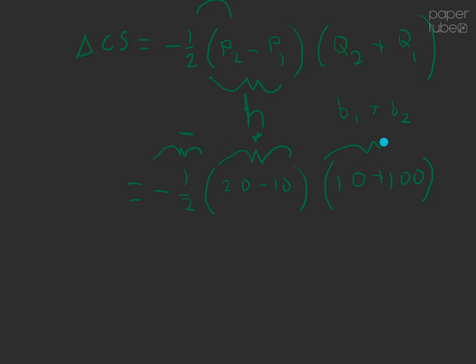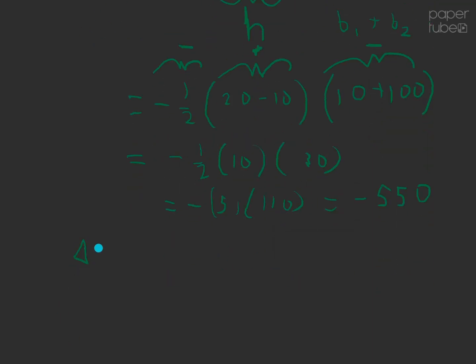Now, of course, 10 plus 100 is going to be positive. And that's important to remember because we're going to end up with a negative number because we're multiplying a negative times a positive. So this becomes negative 1/2 times 10. Multiply that by 110. This becomes negative 5 times 110, which is just negative 550.